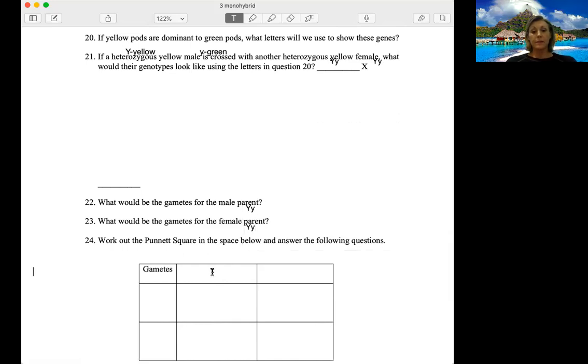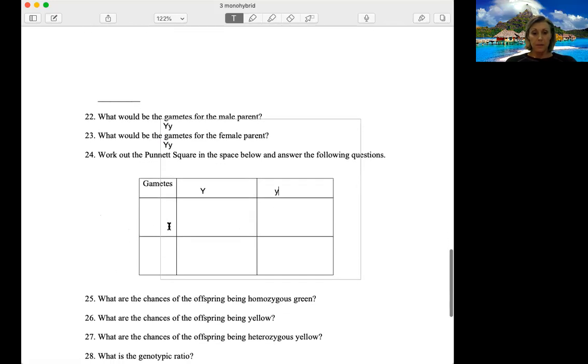And then again, you're going to work out the space below. The dad goes here, big Y, his gamete, little y. And the mom, big Y, little y.